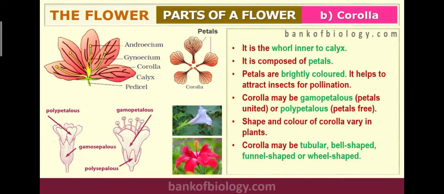It is the whorl inside the calyx, and it is composed of petals. Petals are brightly colored, as we all know flowers are brightly colored. It helps to attract insects for pollination. Due to their colorful appearance, insects are attracted for the pollination process. Corolla may be gamopetalous, united, or polypetalous, where petals are free. They may be joined to each other or separate. Shape and color of corolla vary in plants. In different plants their shapes vary from each other. Corolla can be tubular, bell shaped, funnel shaped and wheel shaped. Okay.